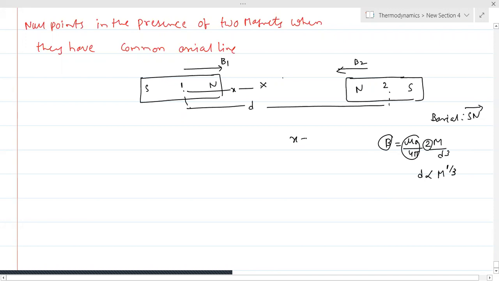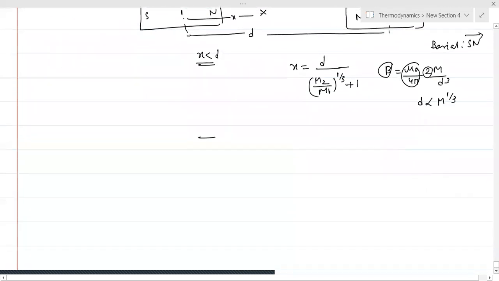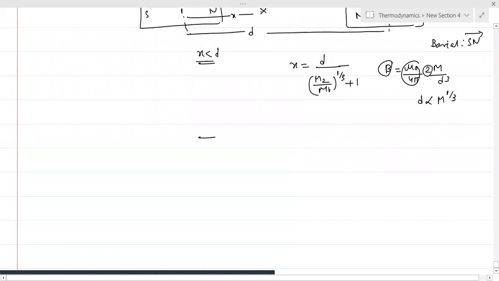So we will get x is equal to d by, instead of m we write m2 by m1 whole power something, and that something becomes m2 by m1 whole power 1 by 3 plus 1. Because from the figure it is evident that x is less than d. So simply x is equal to d by (m2 by m1) whole power 1 by 3 plus 1.